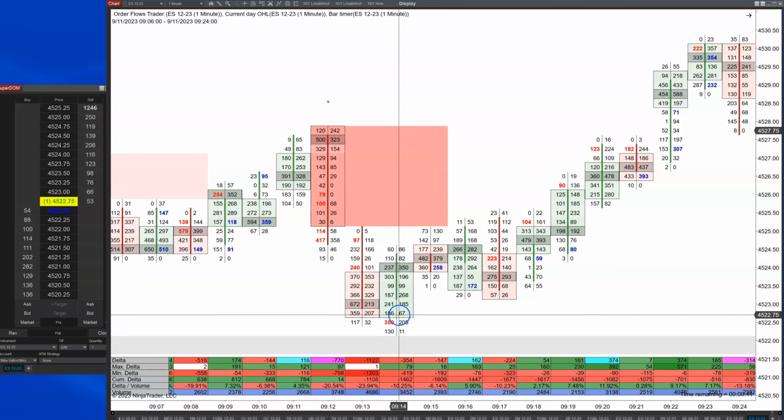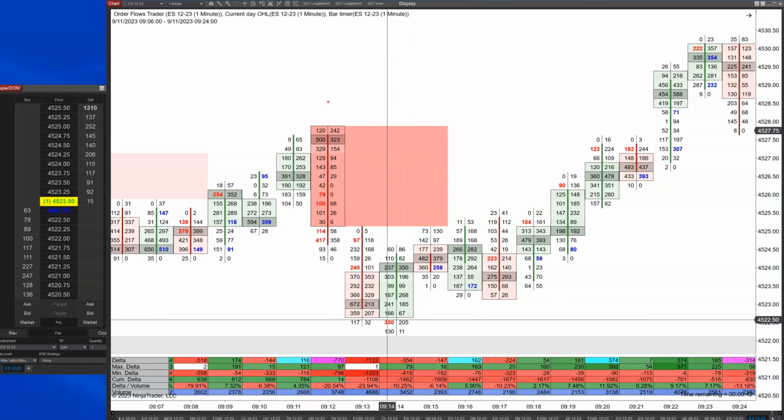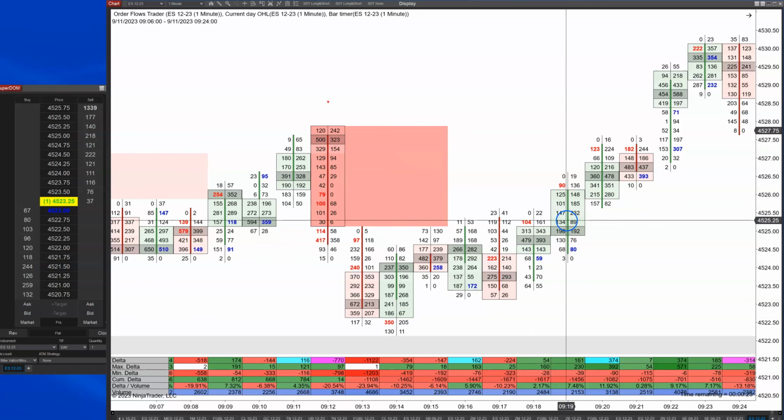Basically understand there's four types of traders: passive buyers, passive sellers, aggressive buyers, aggressive sellers. Aggressive sellers sell to passive buyers. Aggressive buyers buy from passive sellers. And that's what causes the markets to go up and down.